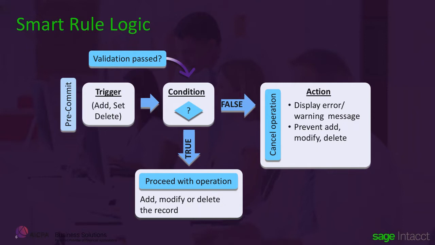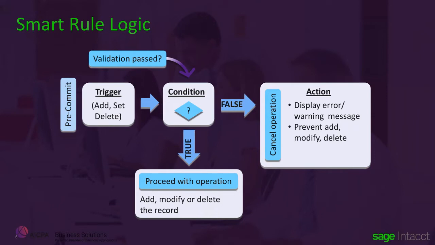It's then going to check the condition, and our condition is going to say that our distribution total equals our bill total. If it's true, proceed with the operation, add, modify, or delete the record. In our case, add the AP bill. If it's false, then display the error message or the warning message and prevent the posting from taking place.